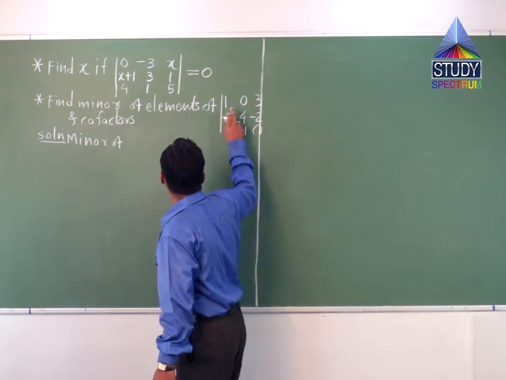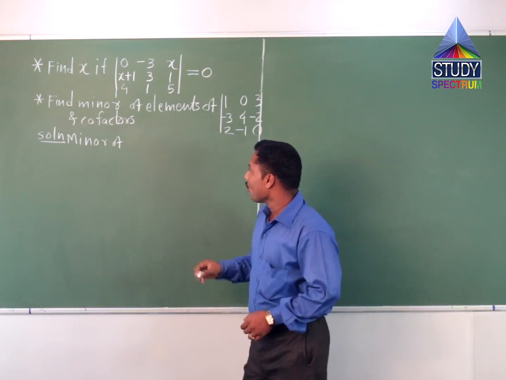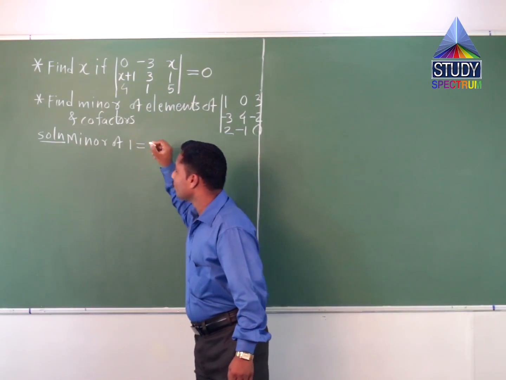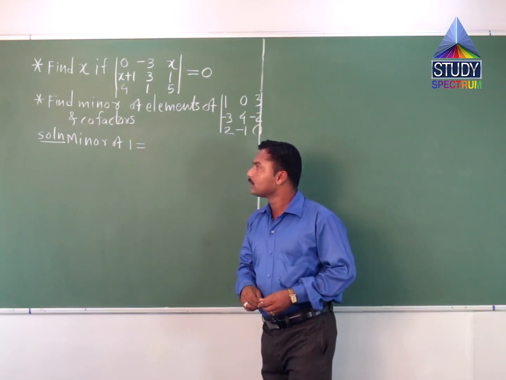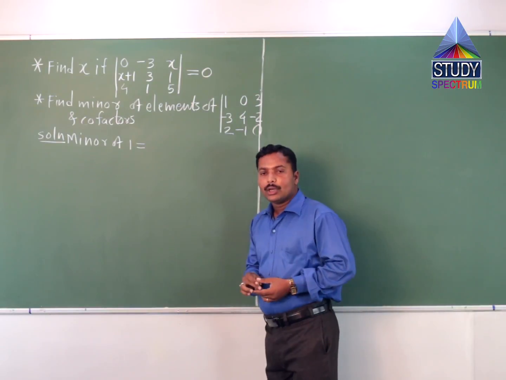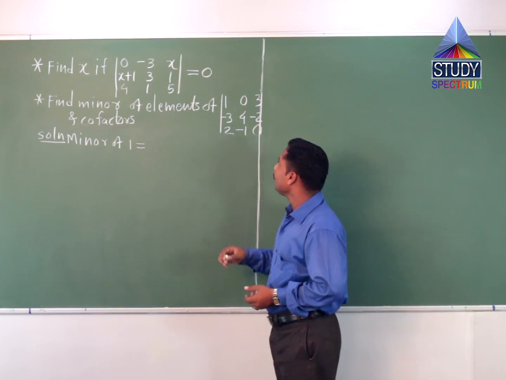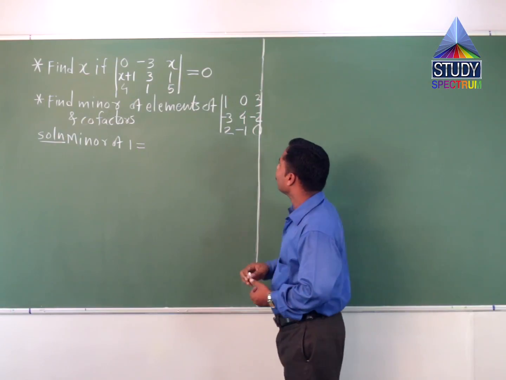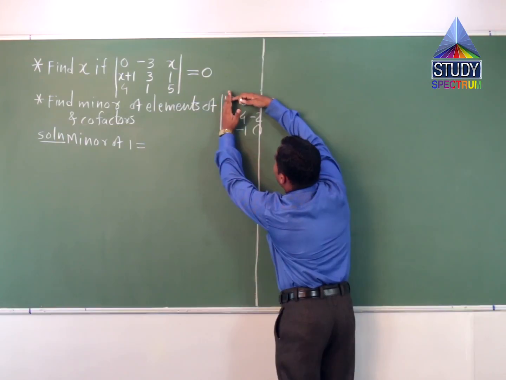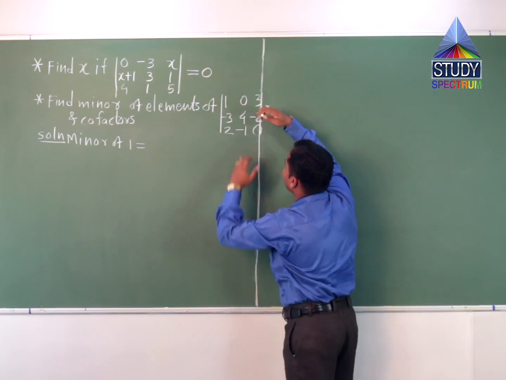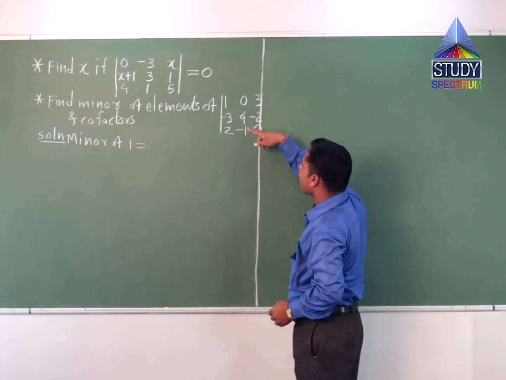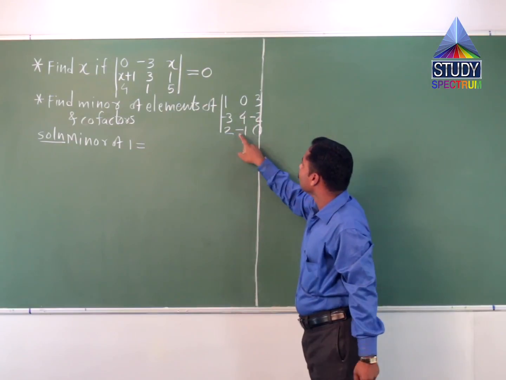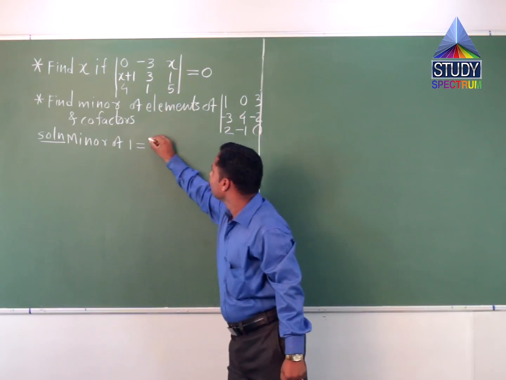Minor of this 1 equals, minor means the determinant obtained by deleting the row and column passing through that number. So here the row and column are deleted from 1, so what remains? Determinant of 4, minus 2, minus 1, 0.